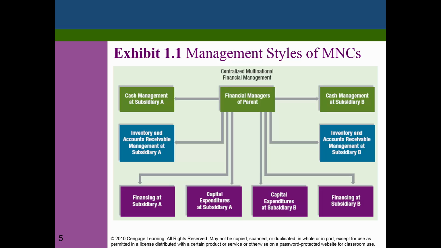The second is inventory and accounts receivable management. Sometimes that is referred to as working capital management. Then we have the financing decision. We have the investment decision, which is the capital expenditures. So these are the main functions. So we have working capital management, financing decision, and the investment decision.